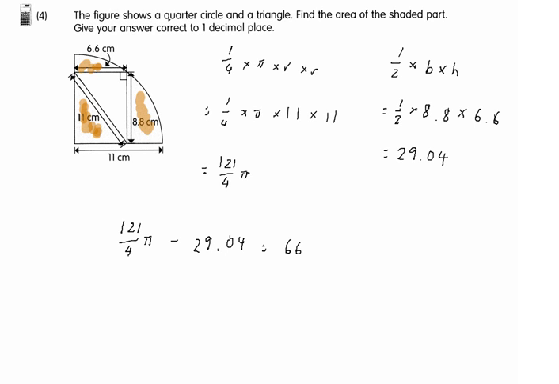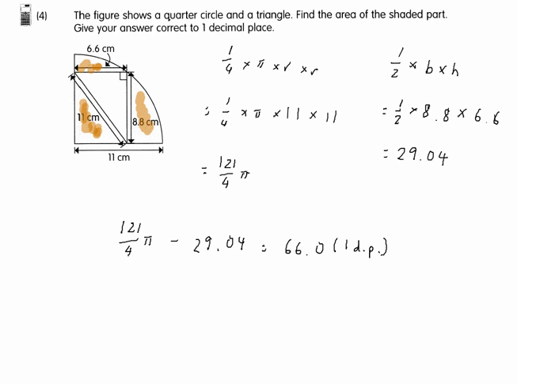Why is it not 66? Because your first answer was 66. Your first answer that you gave me, is it rounded off to one decimal place? The first answer you gave me is rounded off to the nearest whole number, which is different. So children, please take note, one decimal place is 66.0. Remember, bracket 1 decimal place.